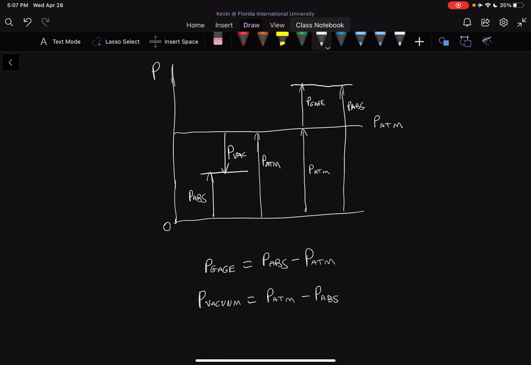So a 32 psi reading of your tire pressure is actually a 46.3 psi pressure inside the tire. Okay, so that's something good to know, that there is a difference between gauge and absolute. But in this class, we will be using absolute except if it's told that it's something else.